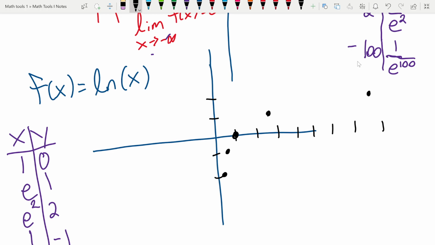So it's going to keep going down towards negative infinity. We can keep getting closer and closer to the line x equals 0, but we're never going to touch it.